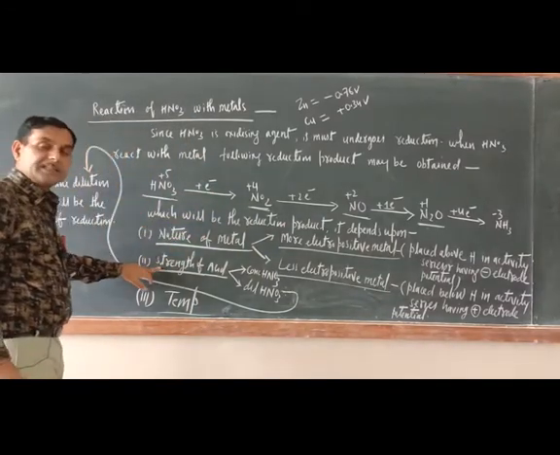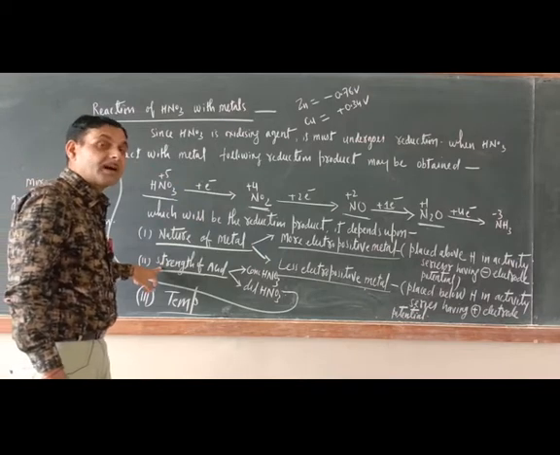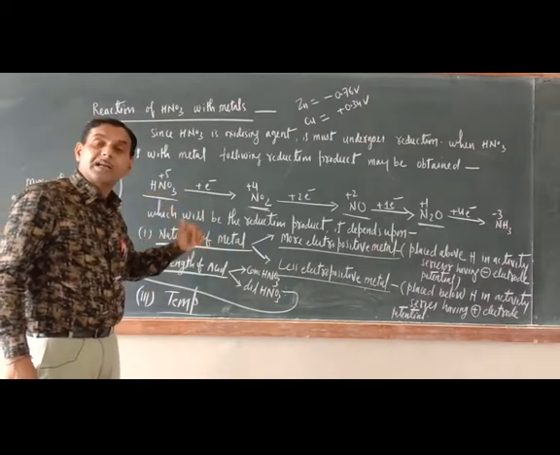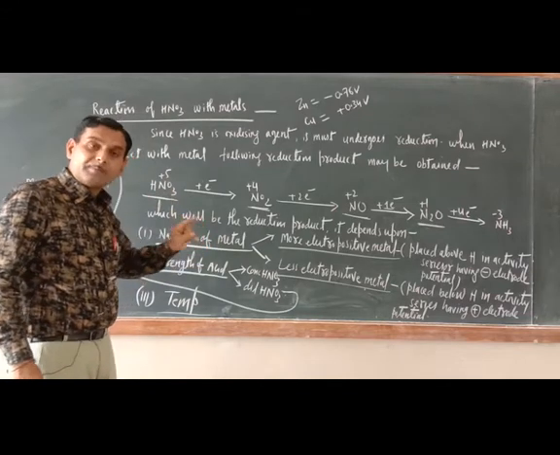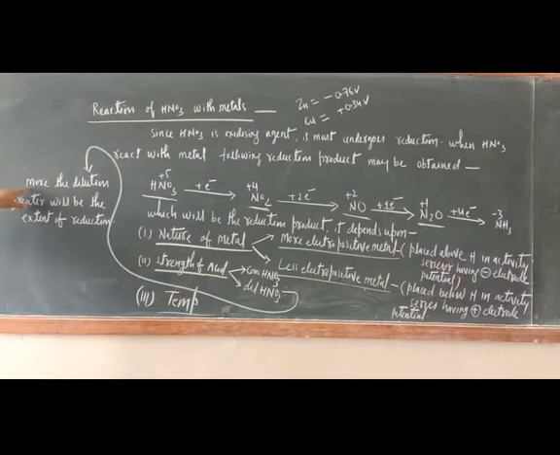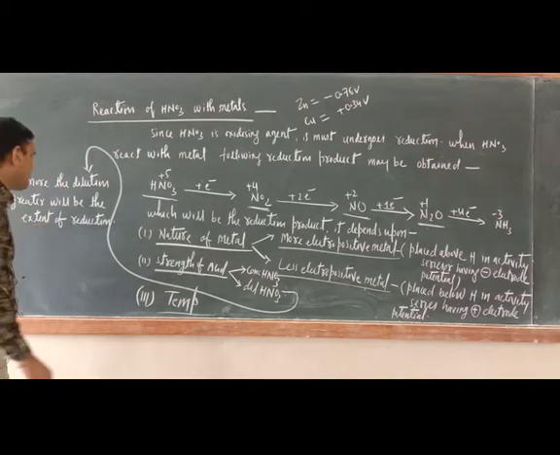The second factor is the strength of the acid. What kind of acid you have taken, whether dilute or concentrated. Remember, if dilute, the more the dilution, the greater will be the extent of reduction.